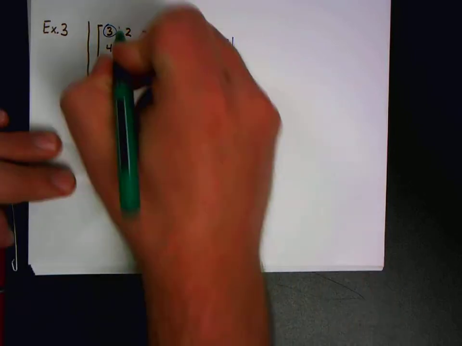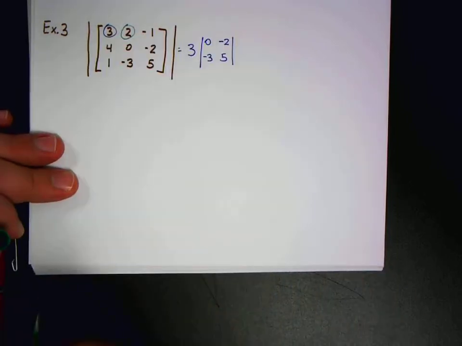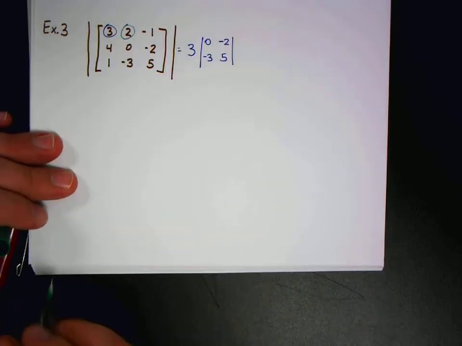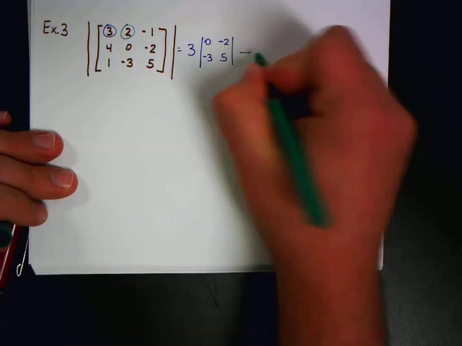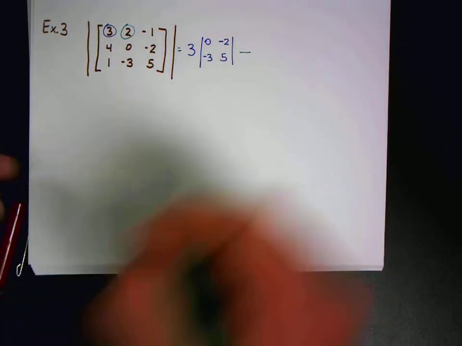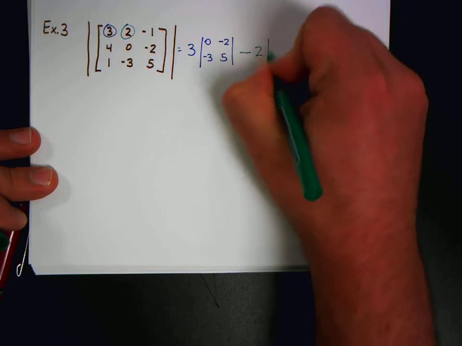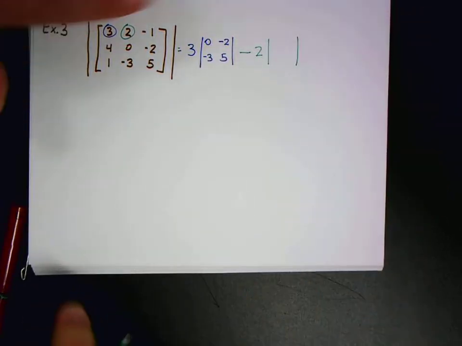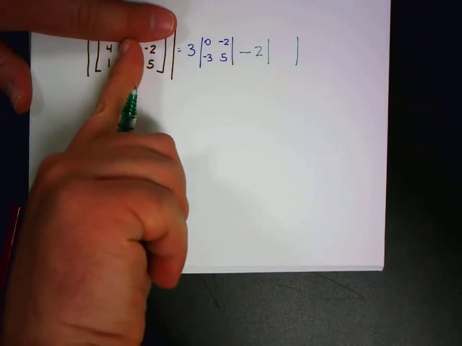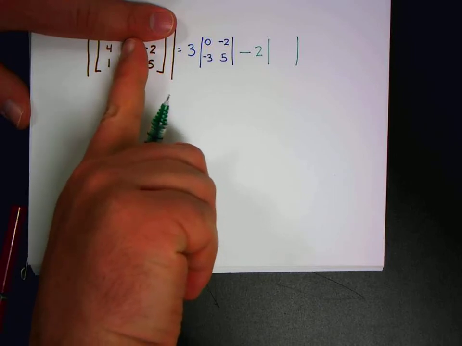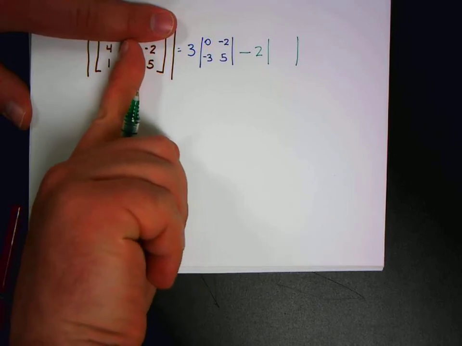Okay, then I move over to the next number. I put a minus sign in here. So -2 times the determinant. I ignore the top row and the column that had the 2 in it. I write down those numbers that are left over.